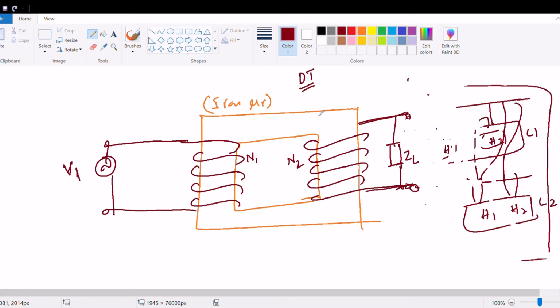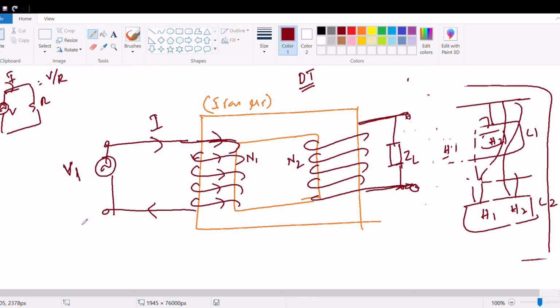Now, simple electrical circuit analysis: suppose the winding has a resistance R. Therefore it produces a current I equal to V by R, and the current goes like this, and this is the path of current.